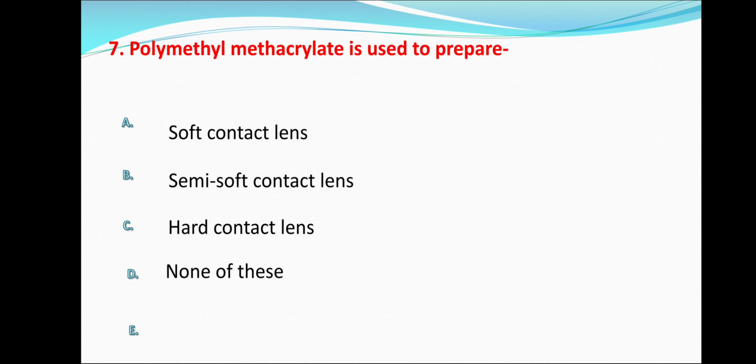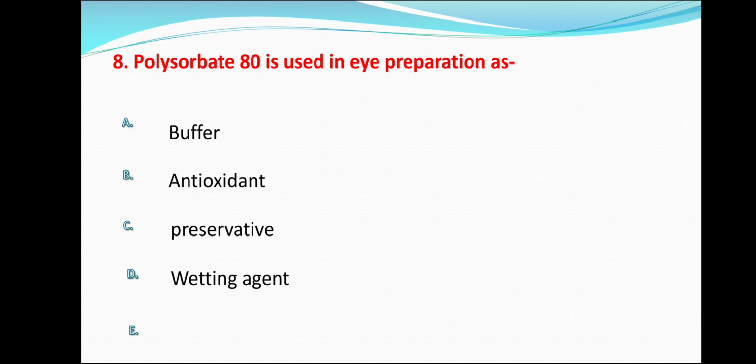Next question. Polymethyl methacrylate is used to prepare soft contact lens, semi-soft contact lens, hard contact lens, none of these. Here the correct answer will be option C, that is hard contact lens. Next question.